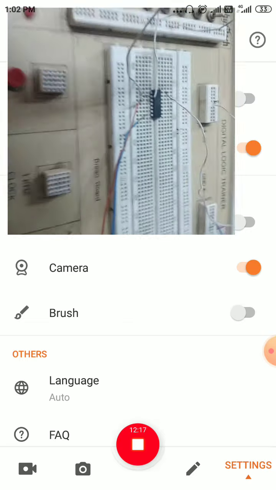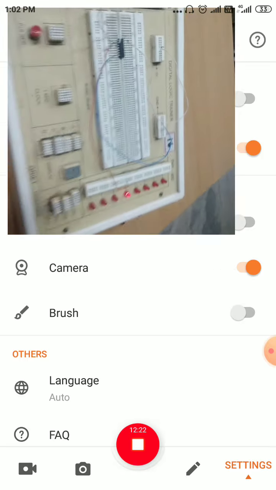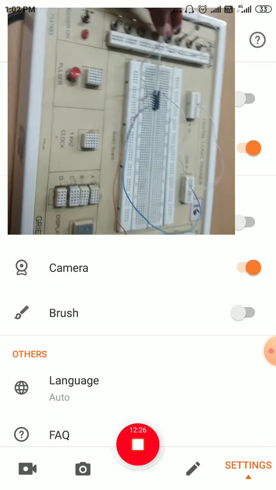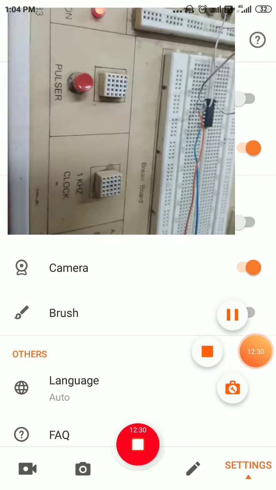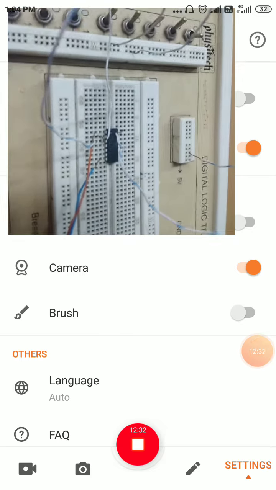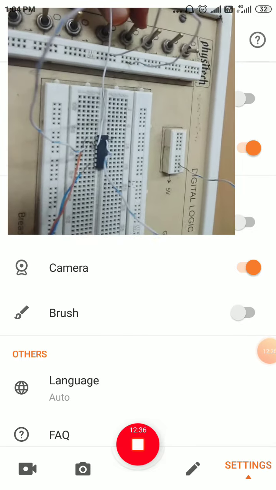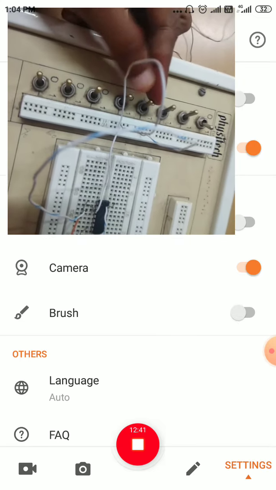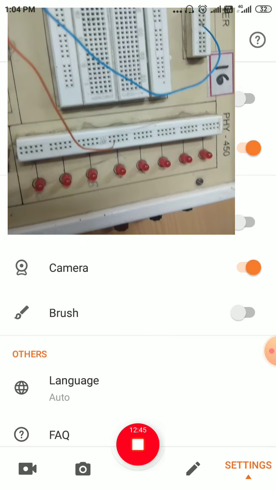Now let's turn on the power to verify. If both switches are low, the output is high. If the two switches are low and high, 0 and 1, the output is low.